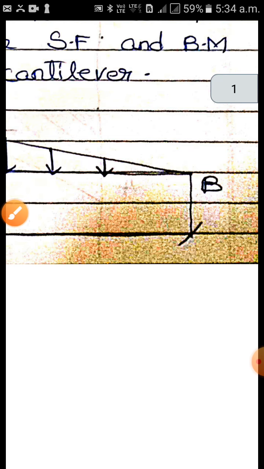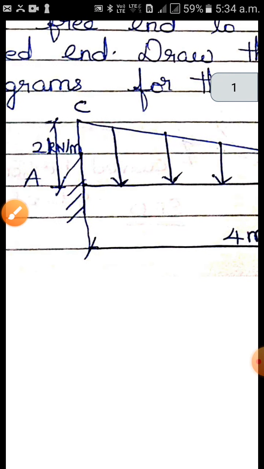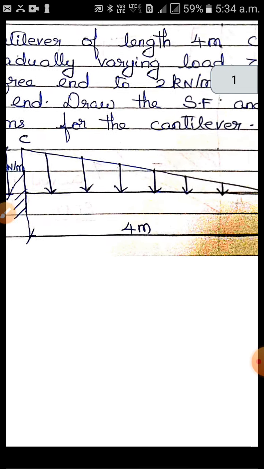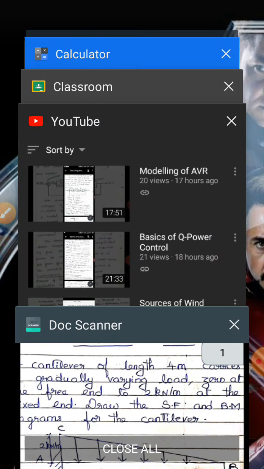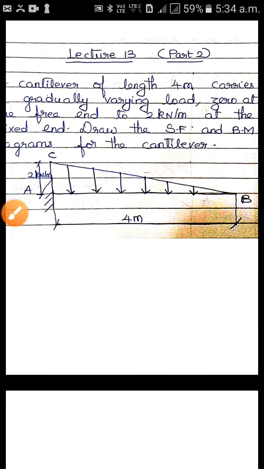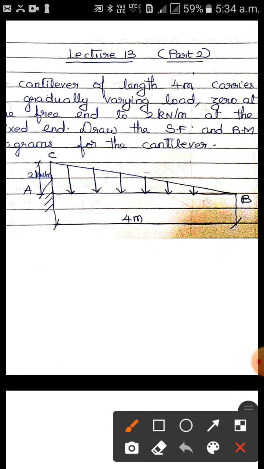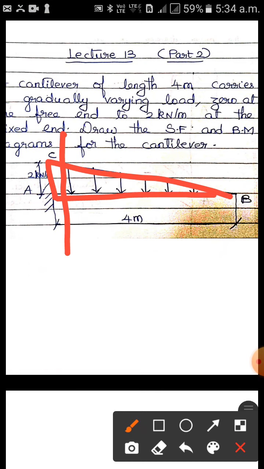Now we'll come to A. Let me have the entire view of the beam. So now it is A right. What can you see? You can see the entire gradually varying load. So the shear force is the area of the triangle.